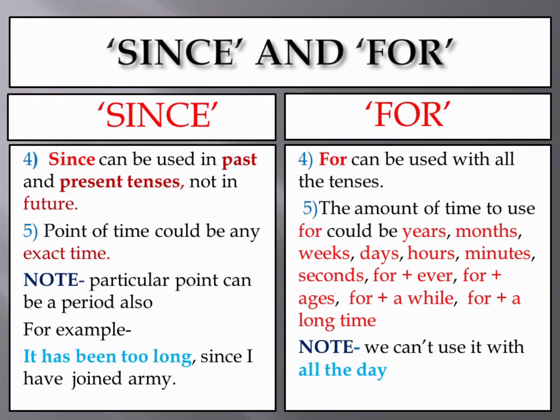On the other hand, for can be used with all the tenses. The next difference is that the point of time could be any exact point for since. In the case of for, the amount of time could be years, months, weeks, days, hours, minutes, seconds, with ever, with ages, with a while, or with a long time, etc.